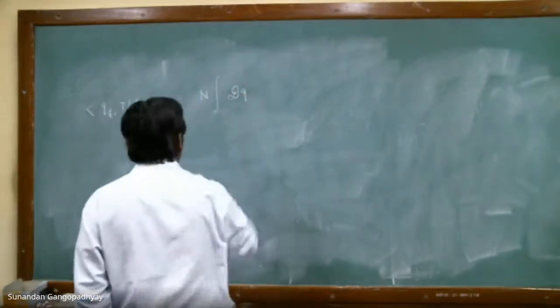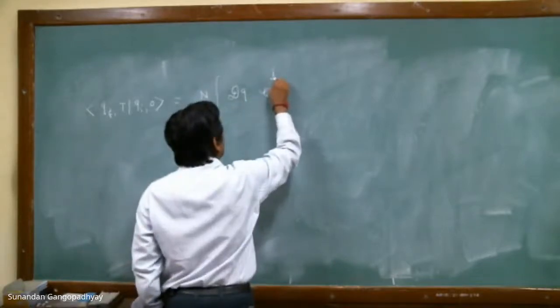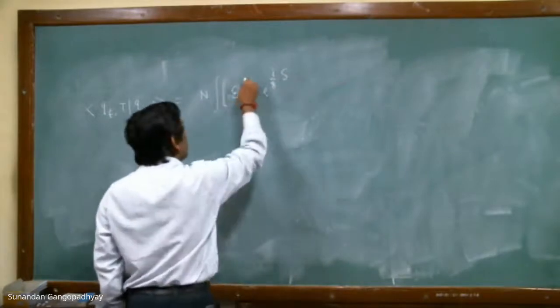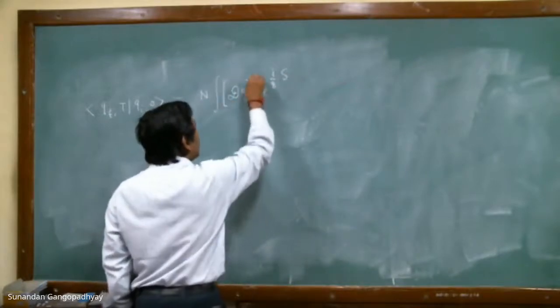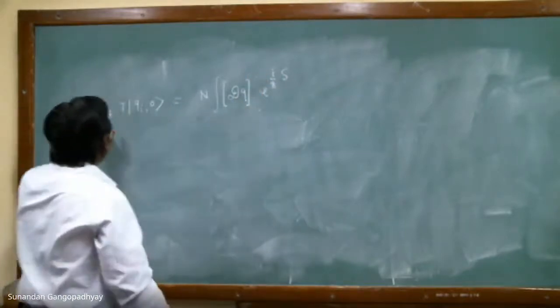This is the path integral representation for this propagator, and this is e to the power of i by h bar times the action S, where you should always remember that you have boundary conditions here. The boundary conditions are q_i at 0 and q_f at T.